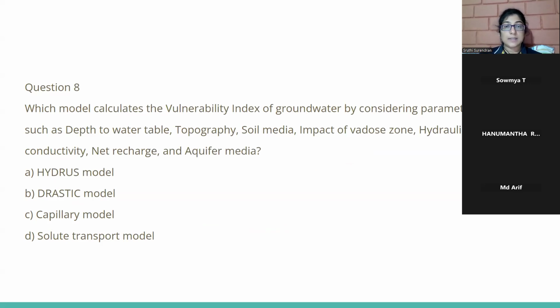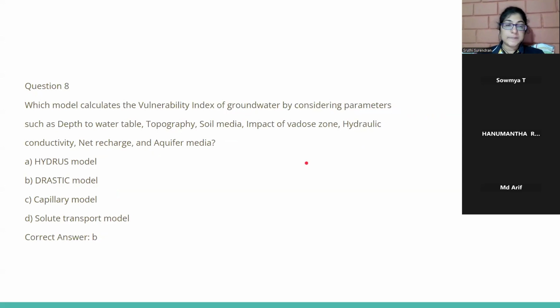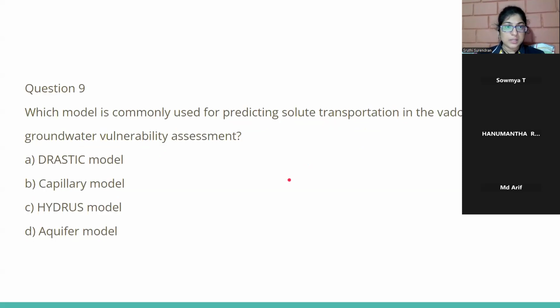Which model is calculating the vulnerability index of groundwater by considering these parameters? The correct answer is DRASTIC model. This has been discussed in the lecture series, so be sure to go through it.